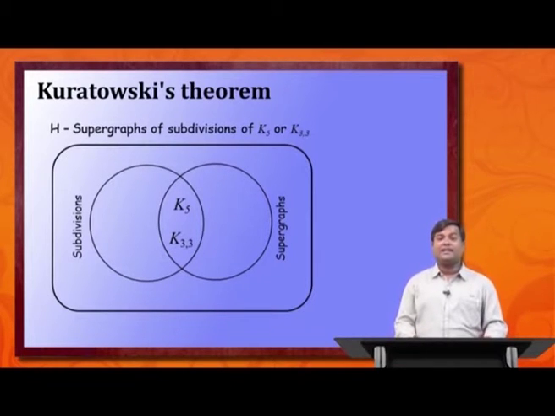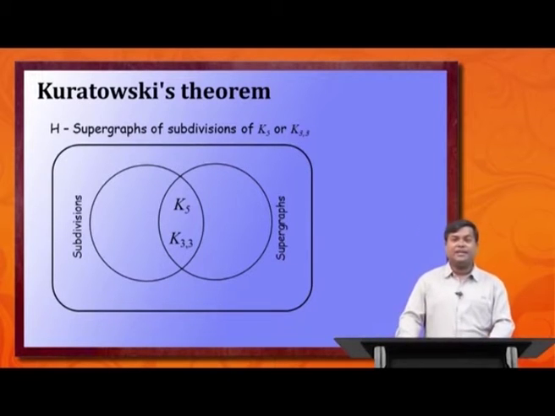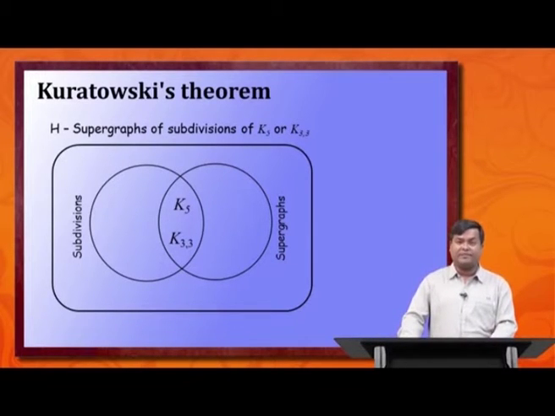So we got that larger set which is surrounded by this entire rectangular box. So what that rectangular box is, is the supergraph of subdivision of K5 and K33. Now, we have proved that any supergraph of subdivision of K5 or K33 is a non-planar graph.